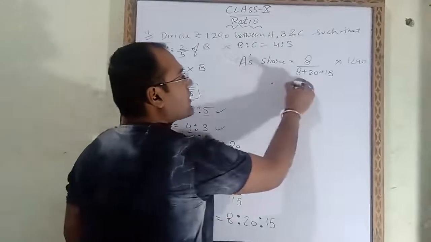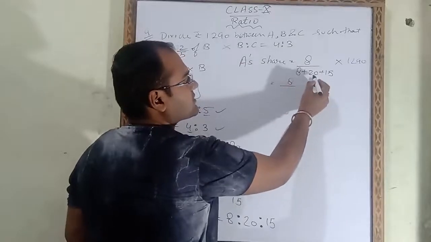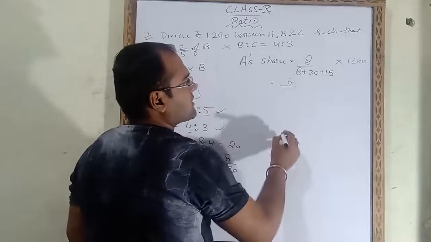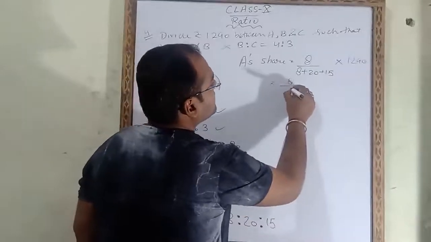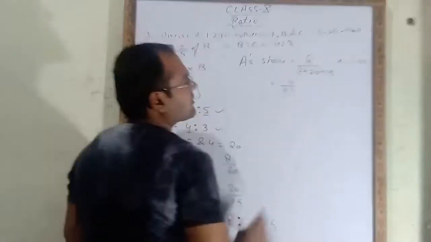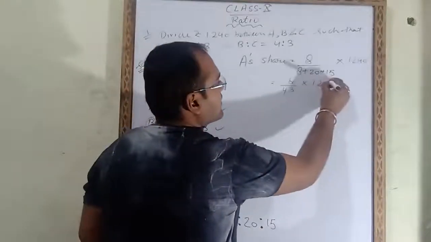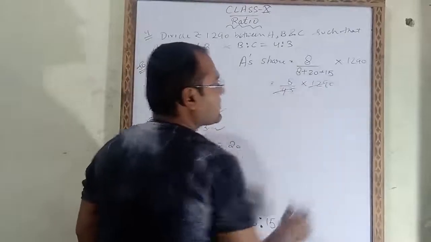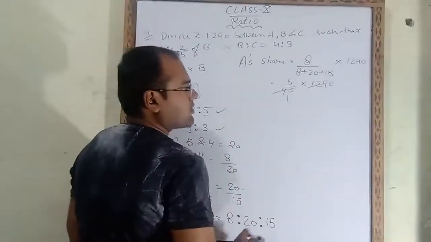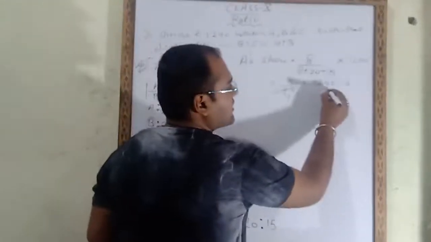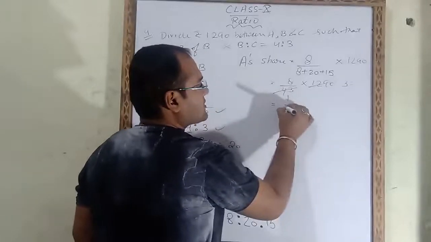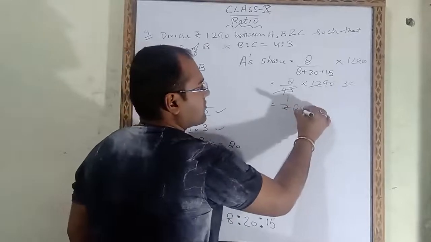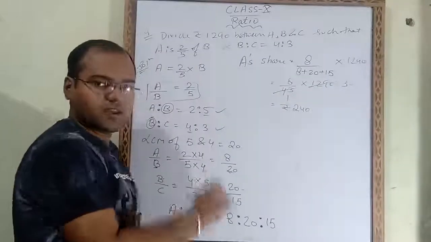So 8 upon, adding 20 plus 15 is 35, 35 plus 8 is 43, into 1290. Now we will cancel these two numbers. 43 ones are 43, 43 threes are 129 and 0. That means the share of A is 8 times 3, which is 24. 240 rupees is the share of A.